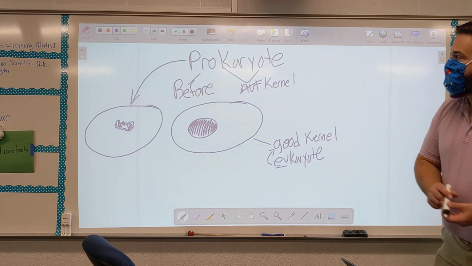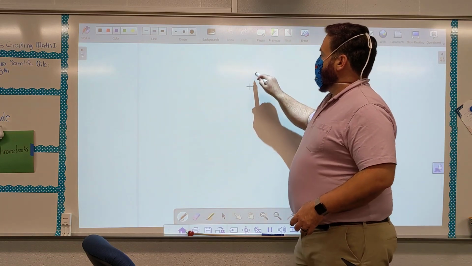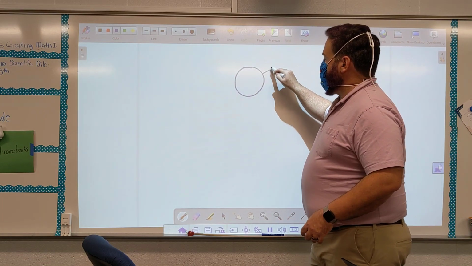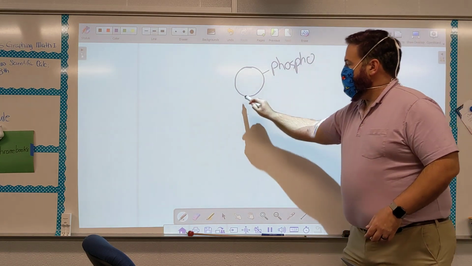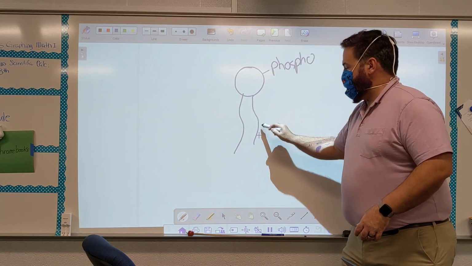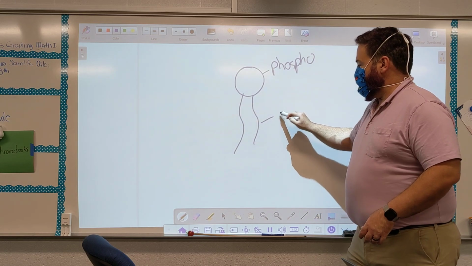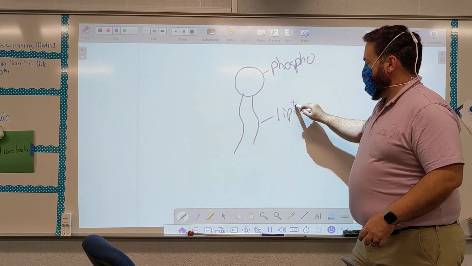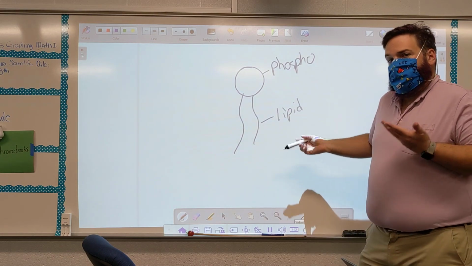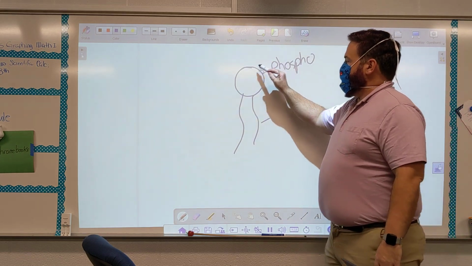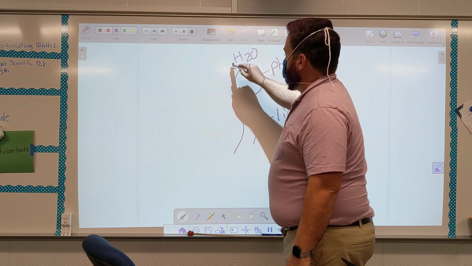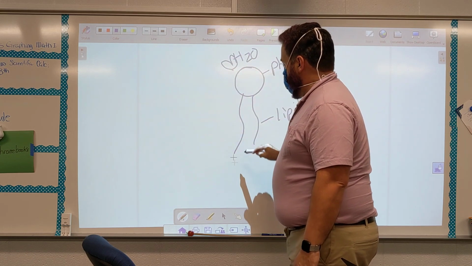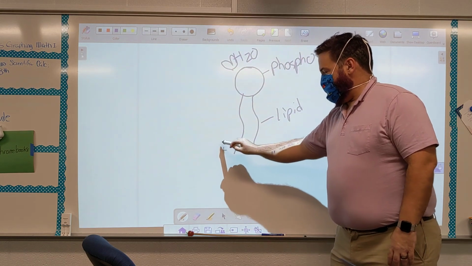With a phospholipid, you have the phosphate head, that's the phospho, and then you have two fatty acid tails. Those are the lipids. So we call it a phospholipid. This side loves H2O. This side can't stand it, hates H2O.